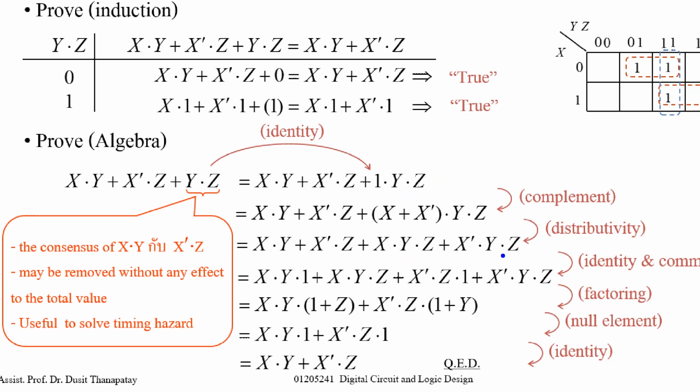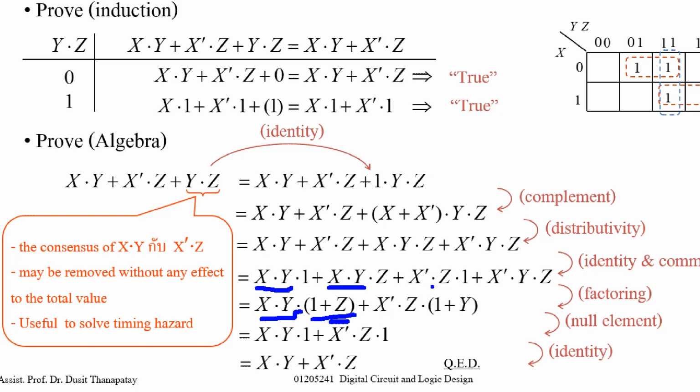Then for this term I add 1 here, x and y and 1, and this term x and y is the same part, so I factor out 1 plus z.